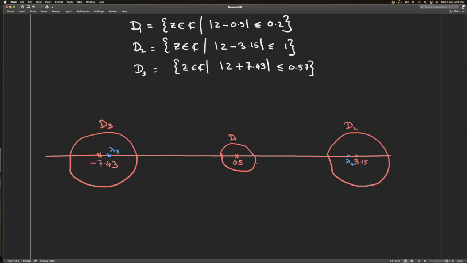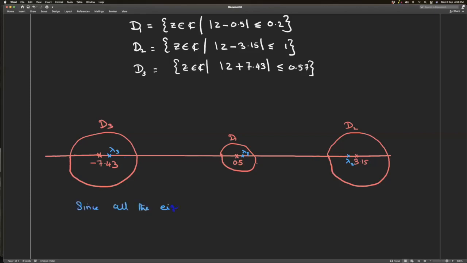They can be anywhere on this line lying in the disk. I'm just randomly drawing it like this, lambda 1, right? Now, lambda 1 belongs to the disk D1, lambda 2 is in disk D2, and lambda 3 is in disk D3, and therefore you can see that they are distinct.